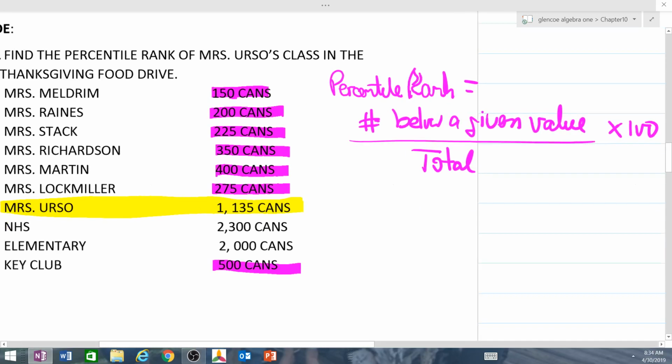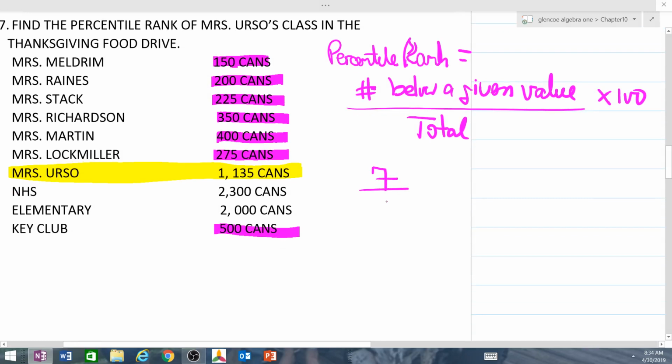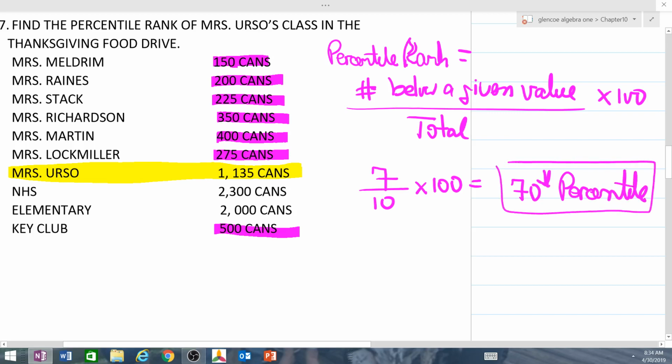So, how many were below Mrs. Urso? 1, 2, 3, 4, 5, 6, 7 out of a total of 10 times 100 gives me a rank of the 70th percentile. Does anybody have a question on how to find percentile ranking? Are you with me?